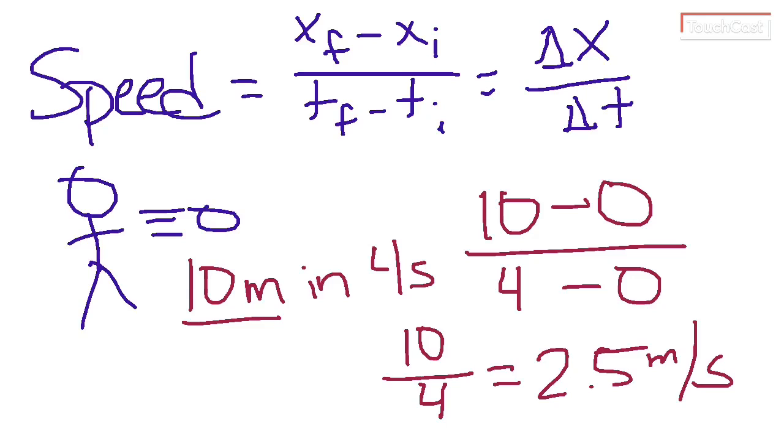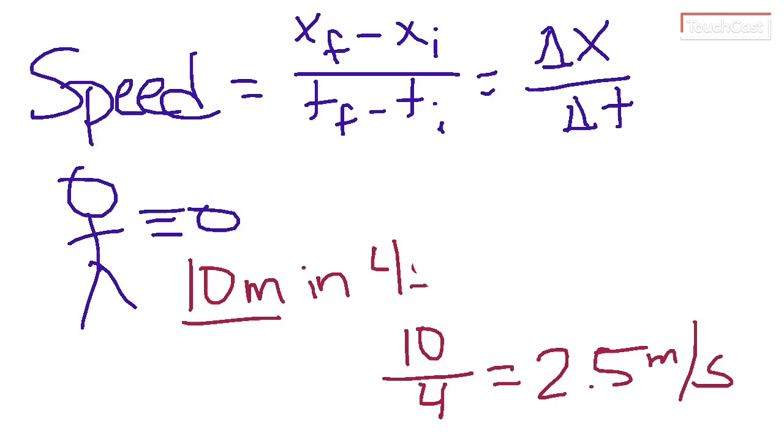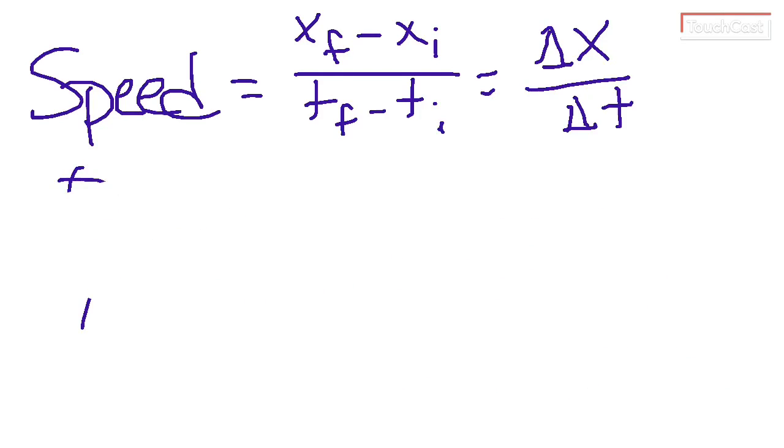And it's important you get used to that meters per second because that is the SI unit for speed and velocity. So velocity is very similar in that it's actually displacement over time, or change in displacement over change in time. And so all that really does, as far as we're concerned, is it adds direction to it.